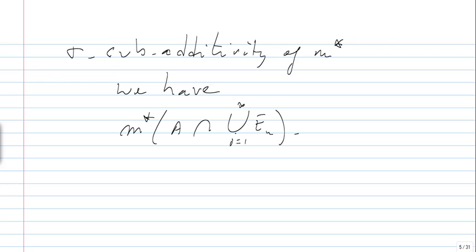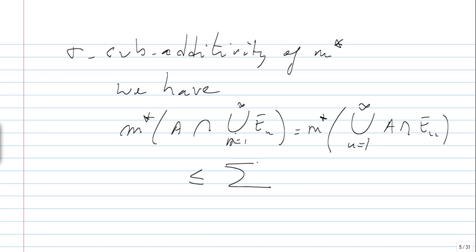This is equal to m star of the union of A intersect all the En's. This is just the distribution of the intersection over the union, from set theory, and this is less than or equal to the sum of m star of A intersect En from 1 to infinity.